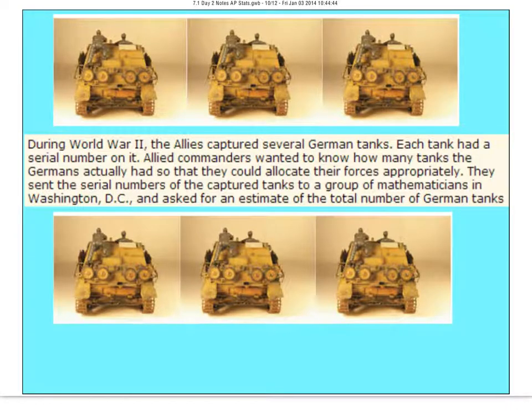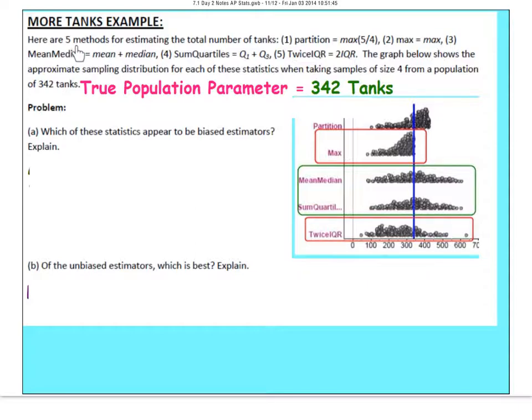Here are 5 methods you could use based on those serial numbers. For estimating the total number of tanks, which option is going to be best? The first option, they called a partition: they took the maximum value and multiplied it by the fraction 4/5.